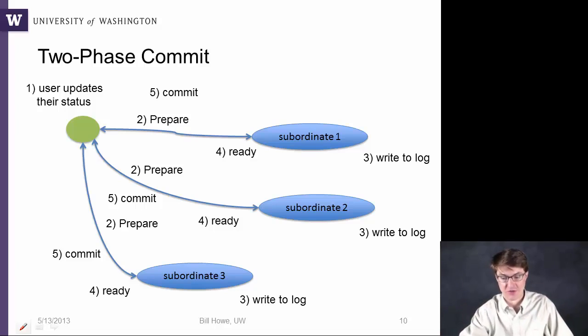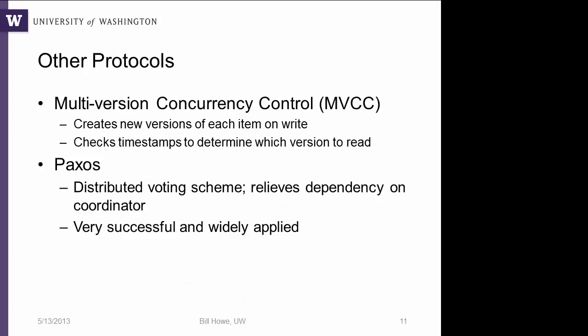It doesn't necessarily scale when there's thousands or millions of subordinates and need to do this, you're kind of dead in the water. So other protocols that I'm not going to talk about in too much detail include multi-version concurrency control, which you will see in some of the papers mentioned, where each write creates a new version of the data item, and the legality of a read is determined by checking the timestamp of the read transaction versus the current timestamp of the version that you're trying to read.